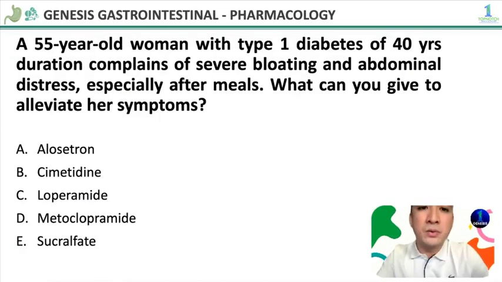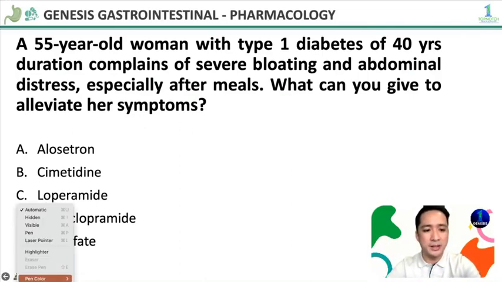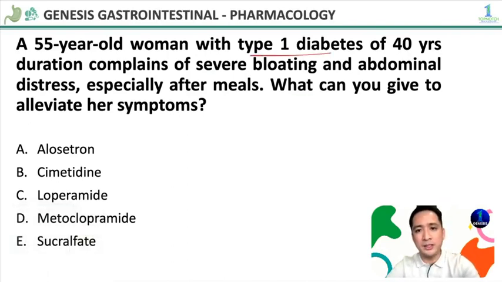A 55-year-old woman with type 1 diabetes of long duration complains of severe bloating and abdominal distress, especially after meals. What can you give to alleviate her symptoms? So the patient is having, yes, you're correct. The patient is diagnosed with type 1 diabetes mellitus, there is severe bloating and abdominal pain or causing abdominal distress.